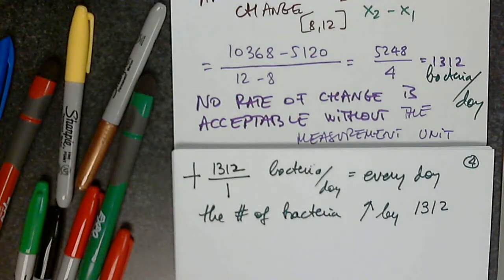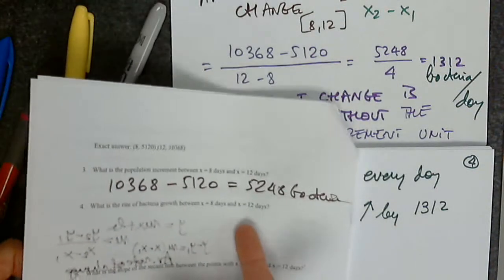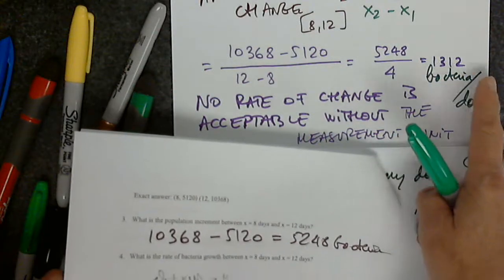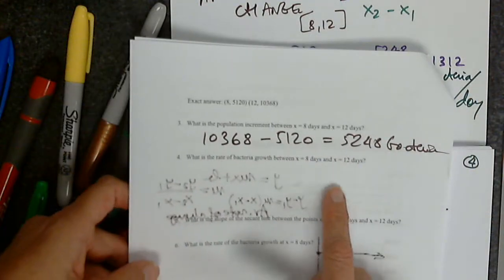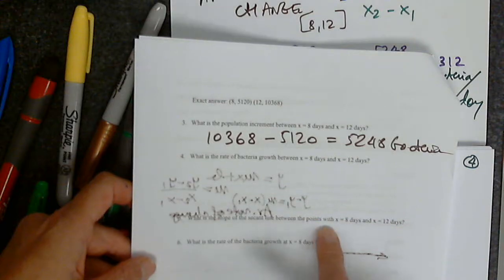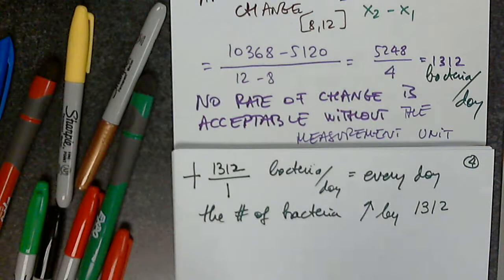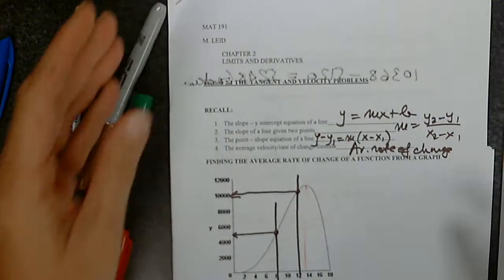So coming back, in number 4, you can fill it in. It's 1,312 bacteria per day. What is the slope of the secant line between the points with x equals 8 and x equals 12? So I'm coming back to my graph.